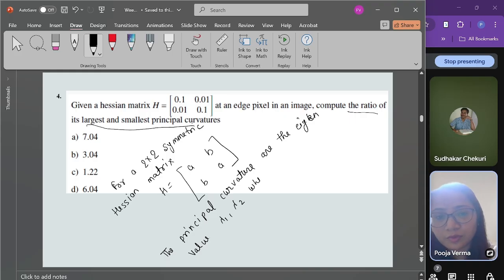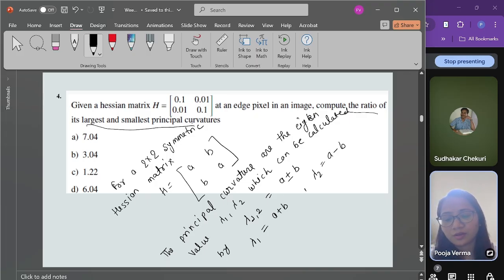These can be calculated as a plus minus b. So lambda 1 is equal to a plus b and lambda 2 is equal to a minus b. Okay, so can we calculate like this?